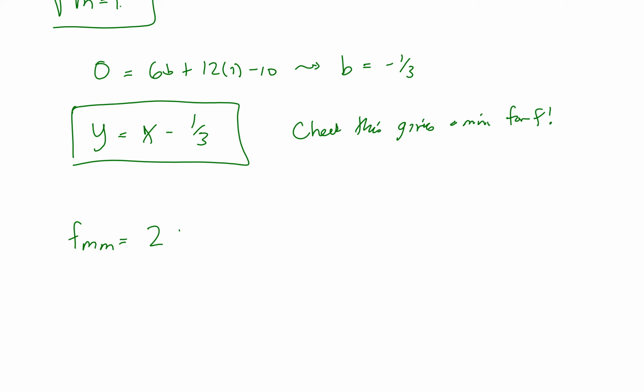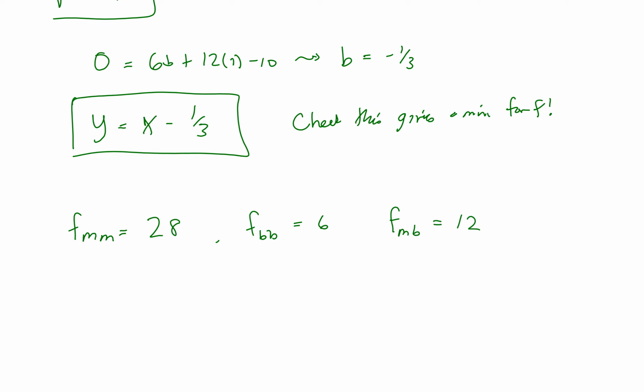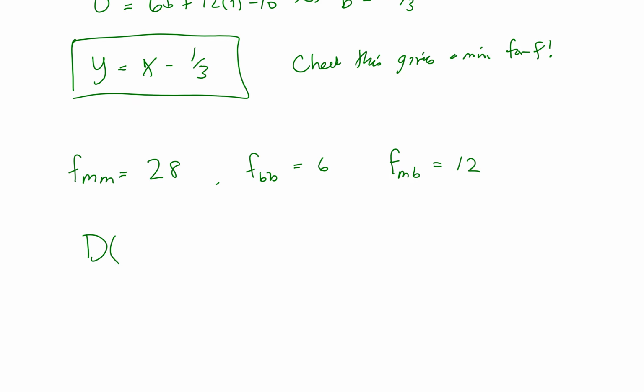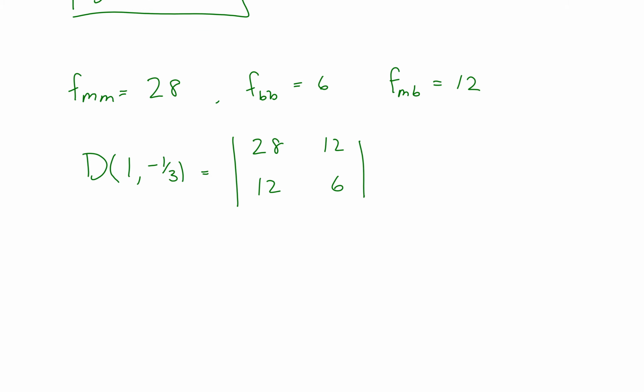So this is 28. So we check our point, and this is 28, 12, 12, 6. So this is 28 times 6 minus 12 squared, which is 24, which is bigger than 0.